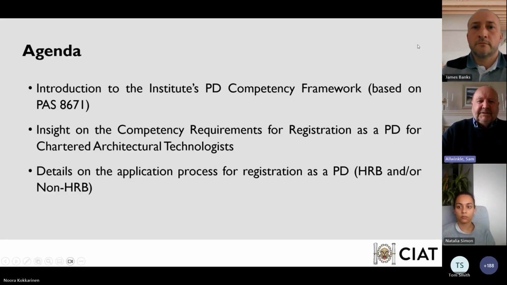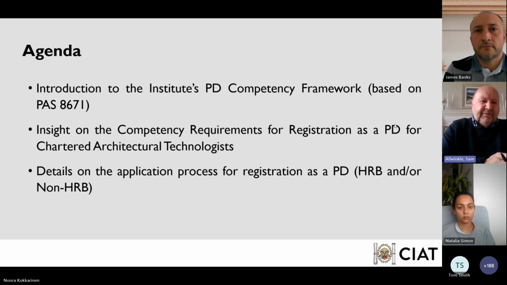As I said in the introduction, for the Principal Designer Competency Framework, we're very fortunate that we have a document we can refer to that was created by the British Standards Institution, PAS 8671. A PAS is a Publicly Available Specification.